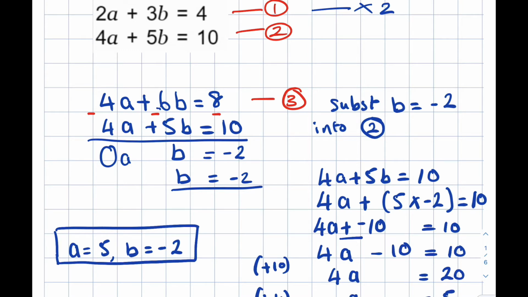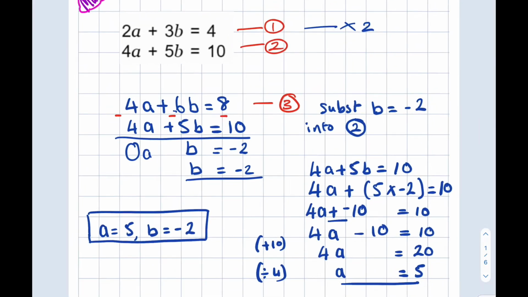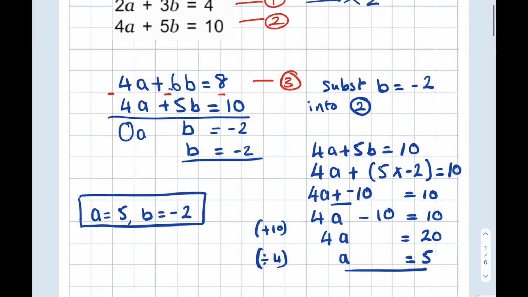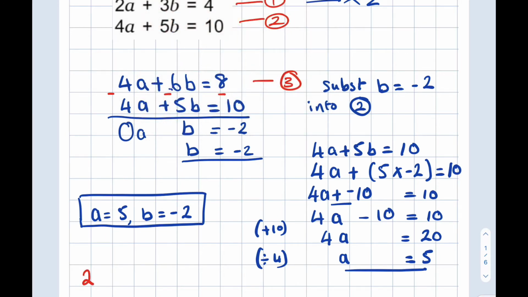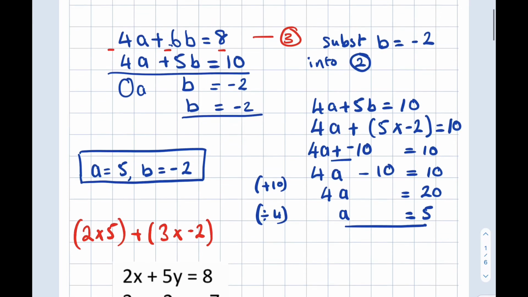Okay, so I'm going to very quickly substitute it into the first equation, where we have 2a plus 3b is equal to 4. So we have 2 times 5 plus 3 times a negative 2, and this should give me 4.